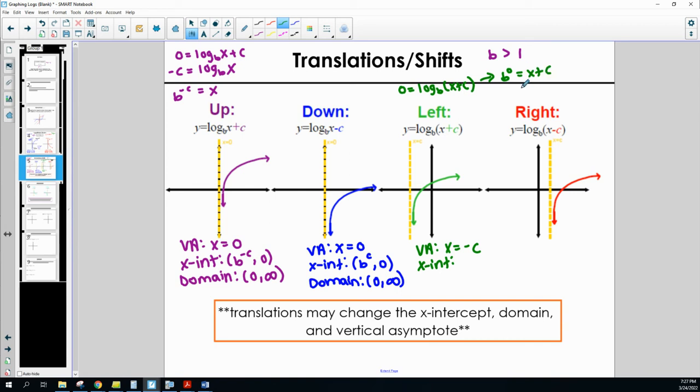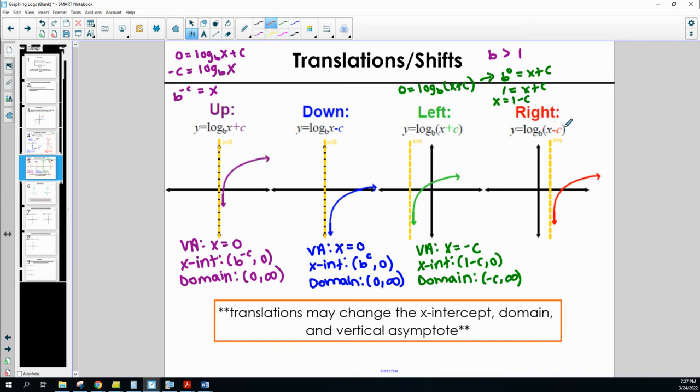If I want to get x by itself, b to the 0 is 1. So x plus c, get x by itself, subtract c. So I end up with x equals 1 minus c. So my x-intercept will be 1 minus c, comma 0. And then the domain, because this graph has shifted left c amount, my domain would be negative c to infinity.